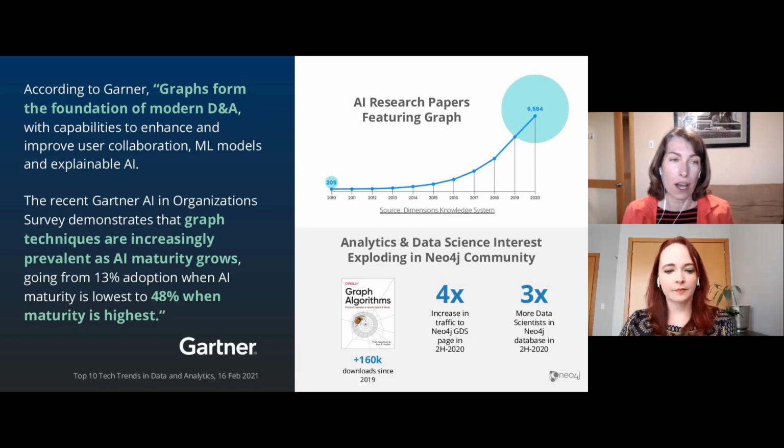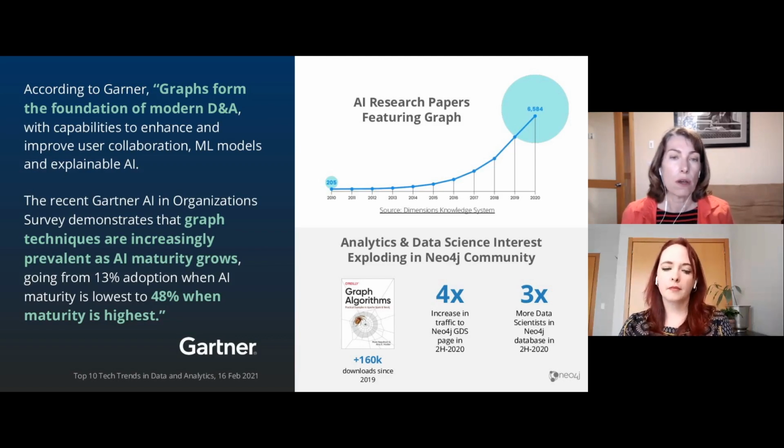It's not just us, it's not just you that are noticing how graphs and machine learning go together and graphs and analytics go together. Gartner as well is starting to talk quite a bit about graphs. There's a recent top 10 trends in data and analytics that Gartner put out just a few weeks ago that talks about how graphs are the foundation of modern data and analytics.